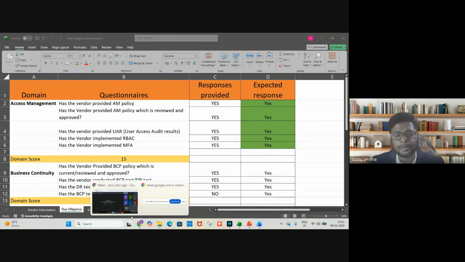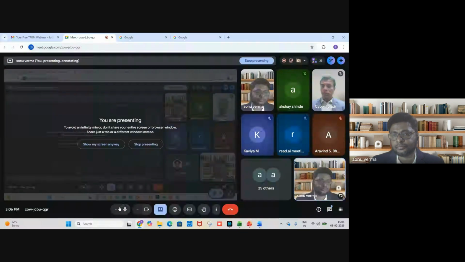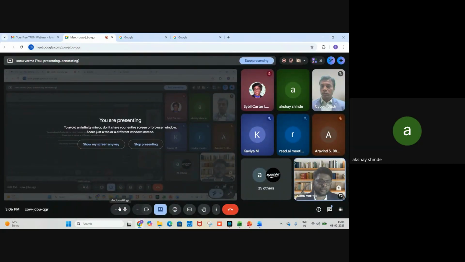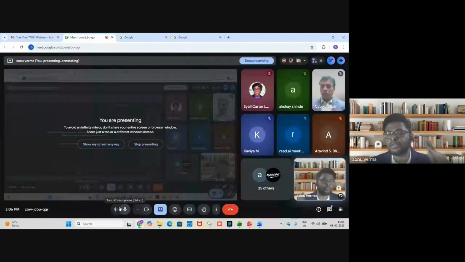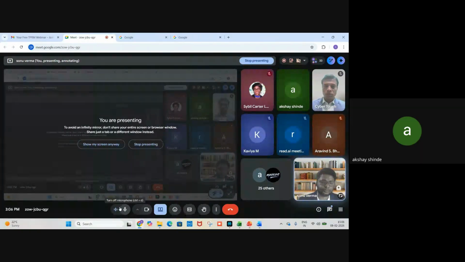Okay, team, is it becoming more technical? Is it becoming more technical, Kavya? Anyone? Akshay? I think it's right on target, to be honest. So that's the checklist I was talking about. Sorry, your voice is cutting off, Akshay. I was saying that this is right on target. This is exactly how we also conduct the third-party risk assessment.